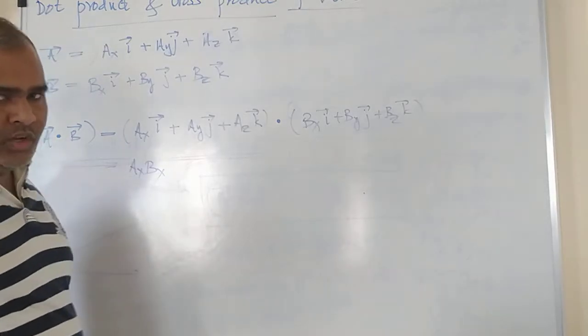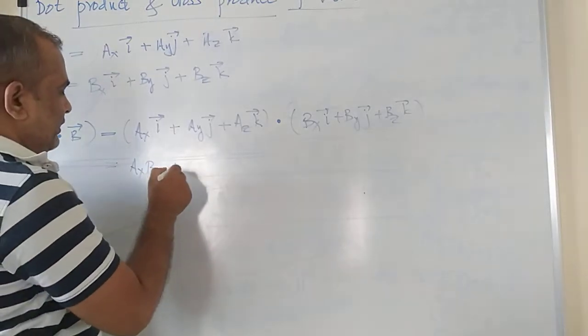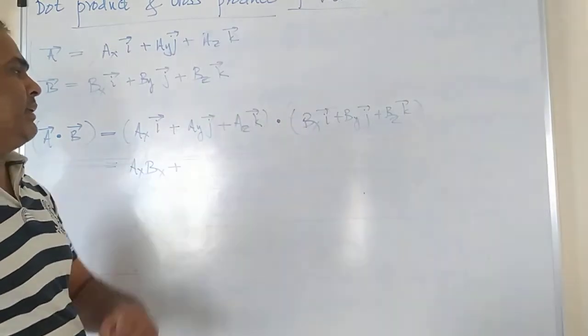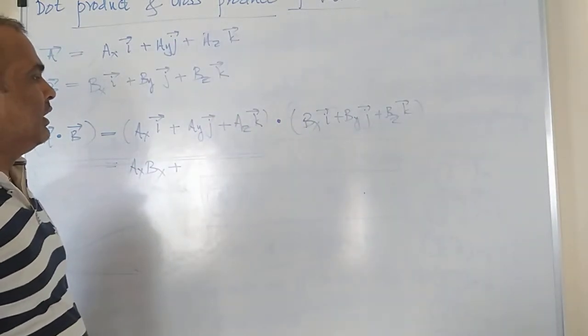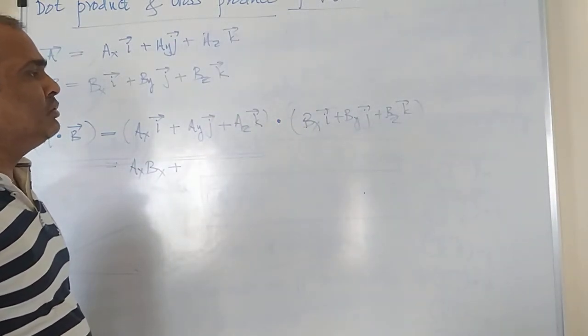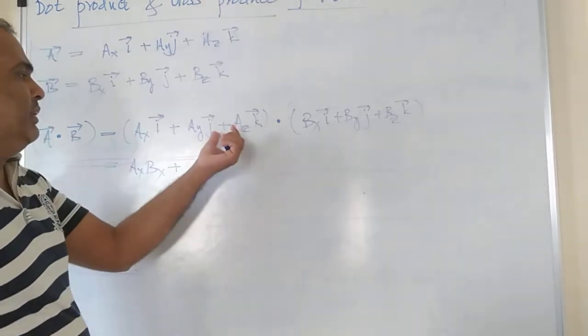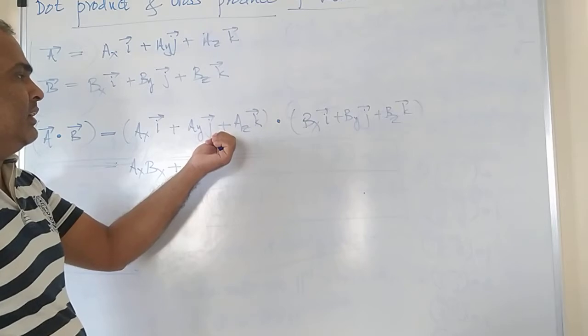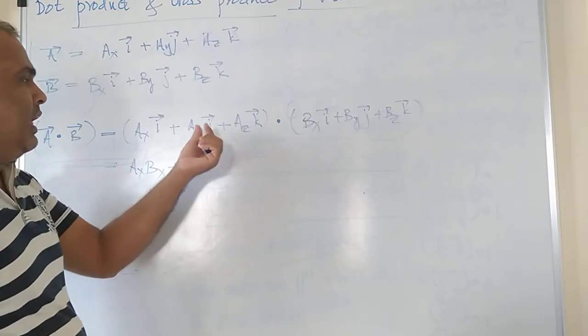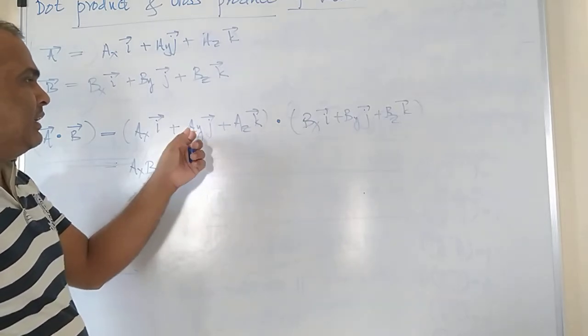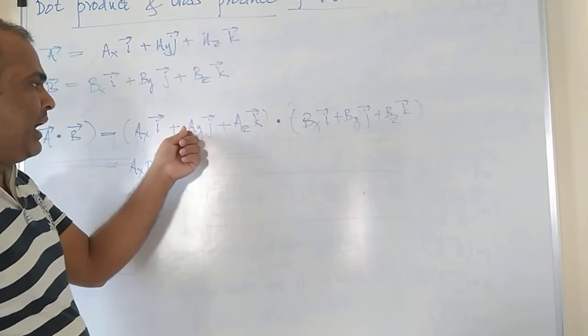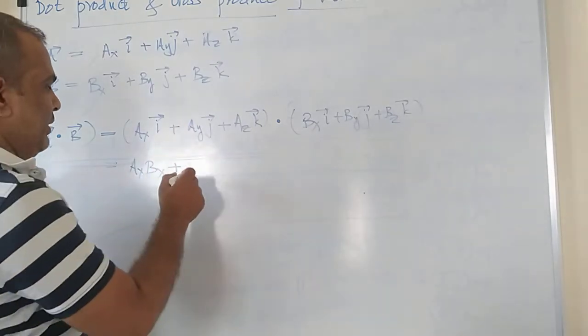Got it? Plus, now multiply the second term by the second bracket. That will give you ay bx into I dot j, and we know I dot j is equal to 0. So that term will be 0. If you multiply ay by by, j dot j will be 1.